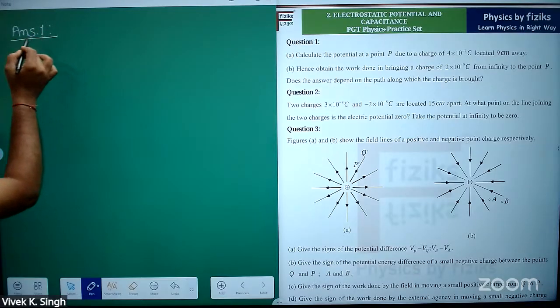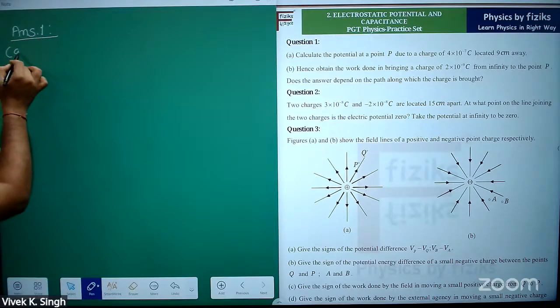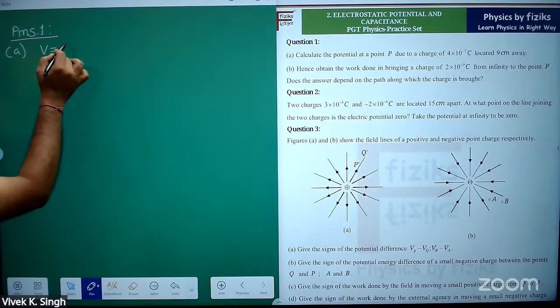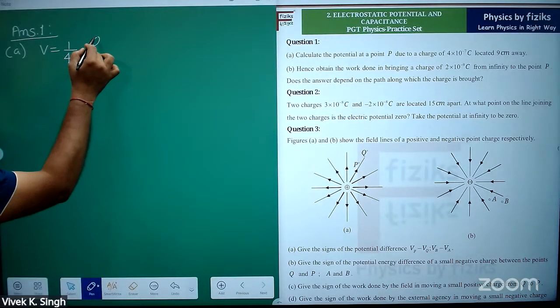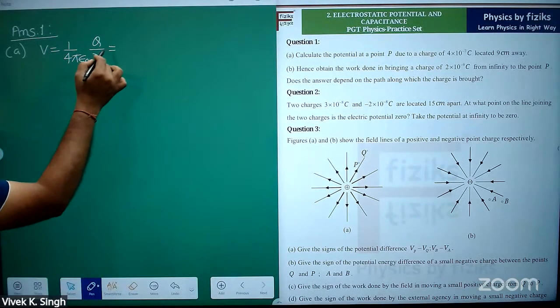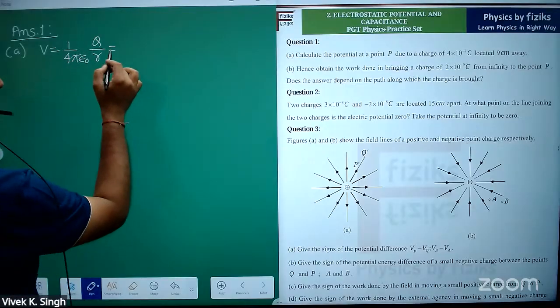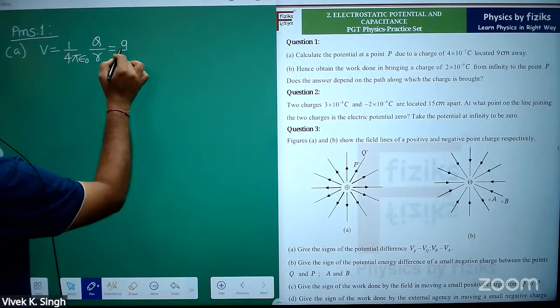A part. Potential is given by 1 by 4 pi epsilon naught Q by R. 1 by 4 pi epsilon naught in MKS units is 9 into 10 to the power 9.